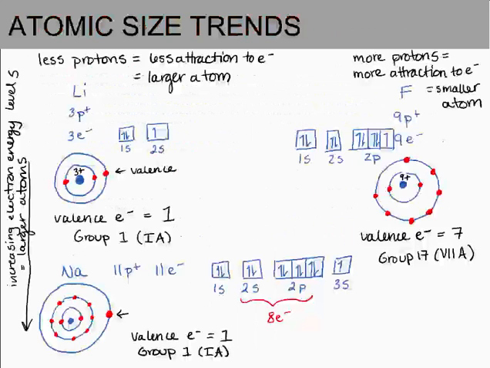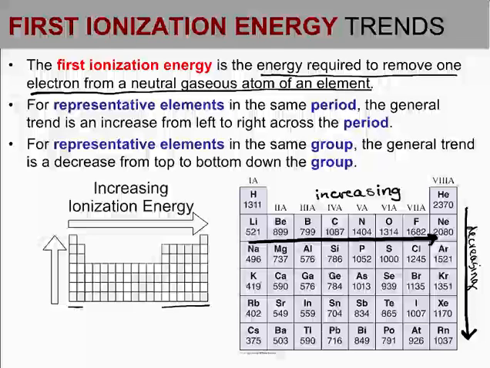Now, if we go down a column, we said that the ionization energy decreases. So if we go back to this chart that I drew and compare sodium to lithium, sodium is below lithium and it has a smaller ionization energy. That's because its valence electron is further away from the nucleus compared to lithium's valence electron, which is closer to the nucleus.